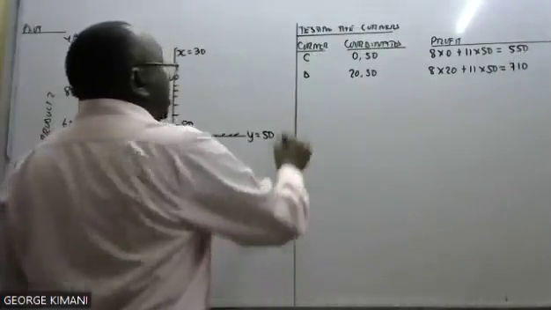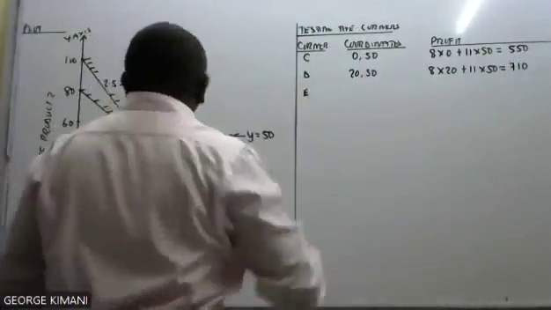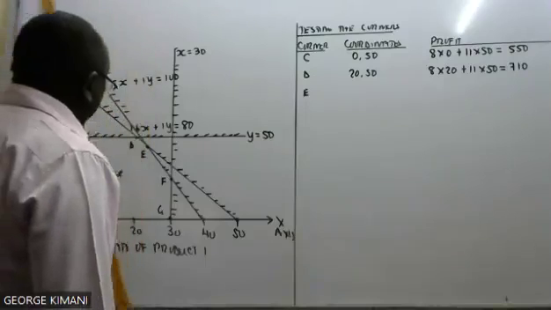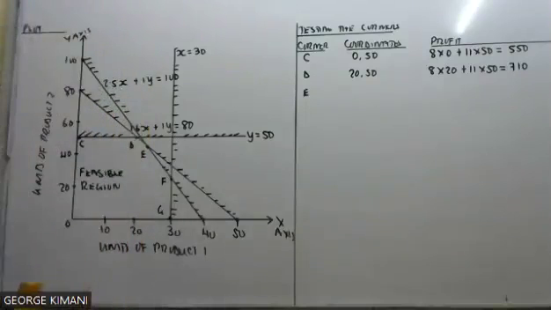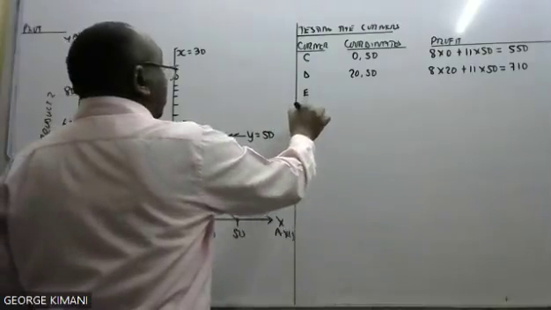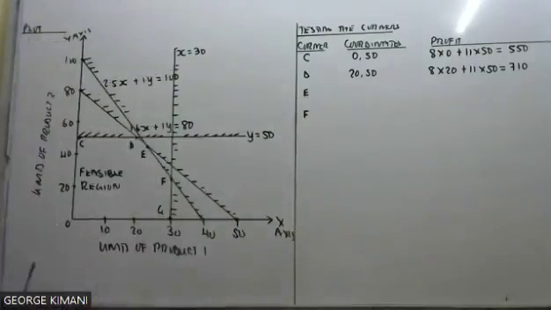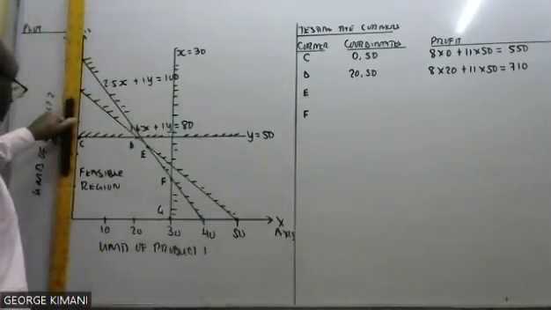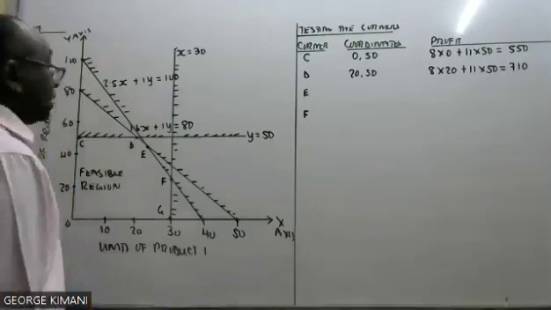Let's go to corner E. Are the coordinates very much visible? Haisomeki vizuri, sio? So kama haisomeki, hebu kwanza iache, tuende kwa F. I'll show you what to do. F, coordinates zake hata hizo hazisomeki vizuri, sio? It's not exact.